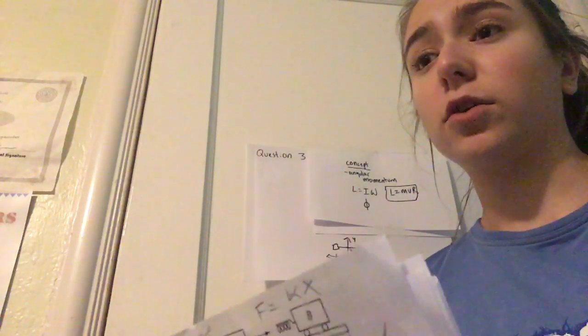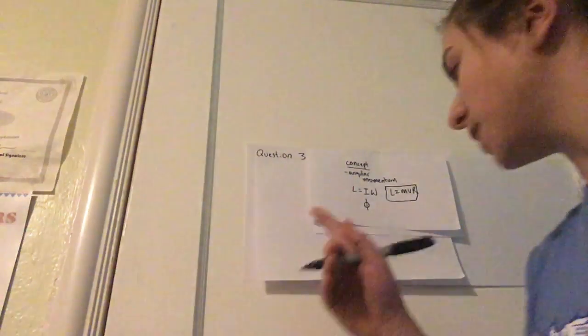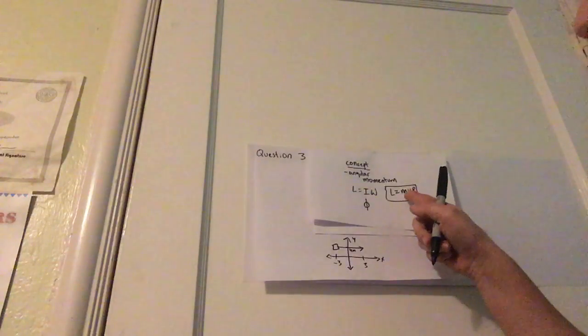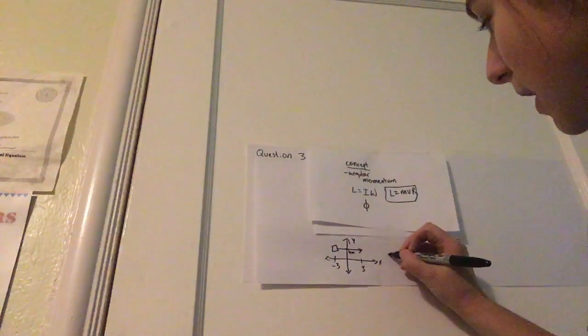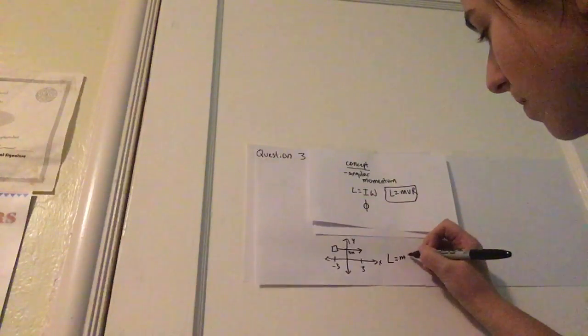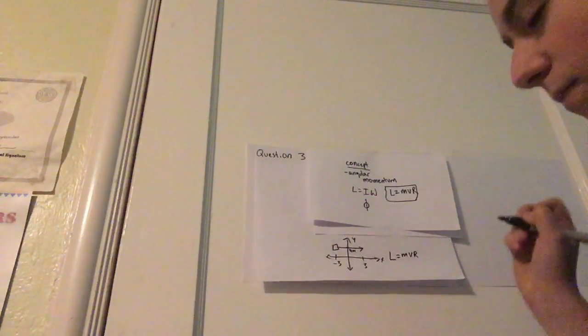In this problem, it is asking to find the angular momentum of this traveling object. So we're going to be using angular momentum equals mv times r. So I'm going to put here L equals mv times r.